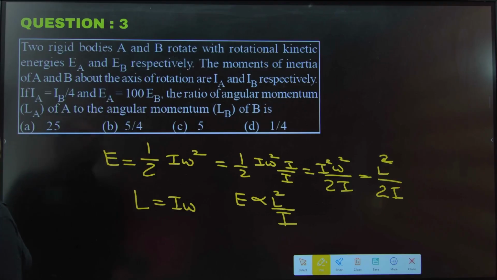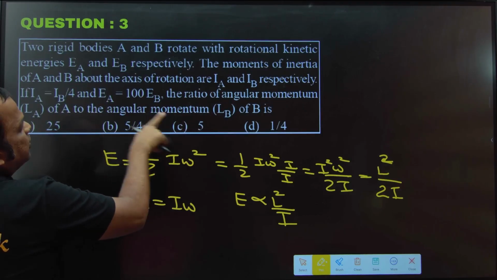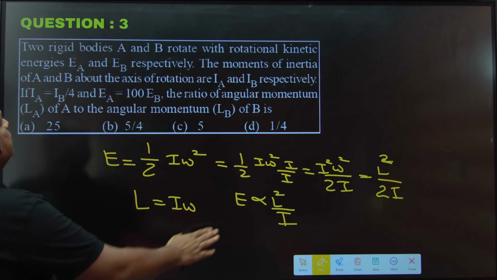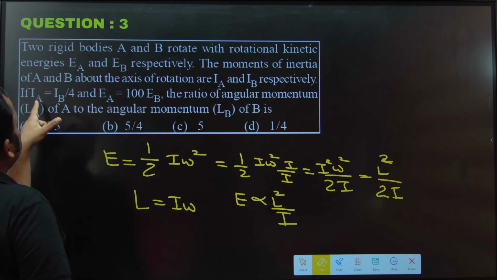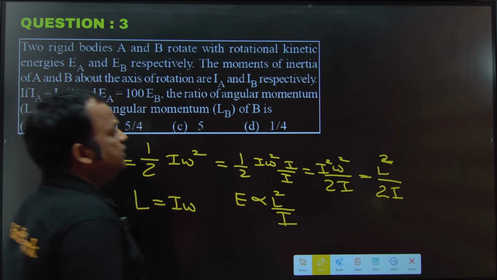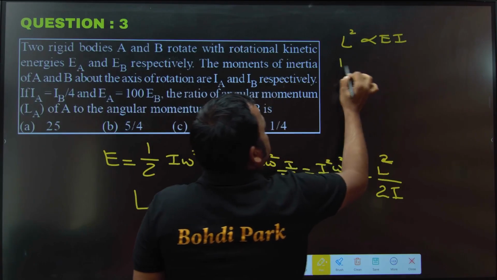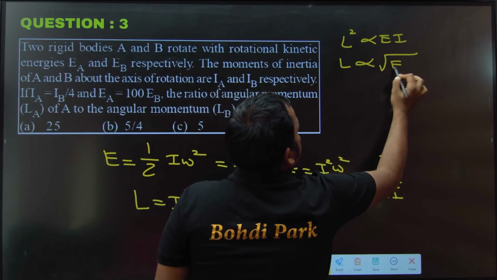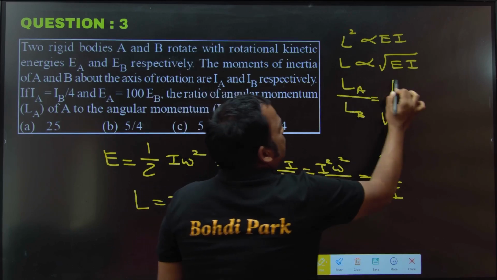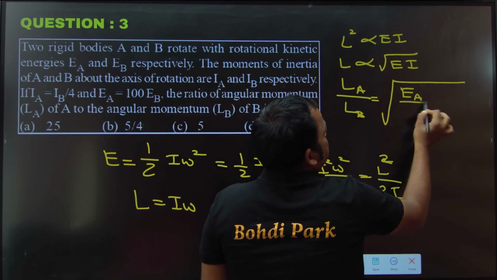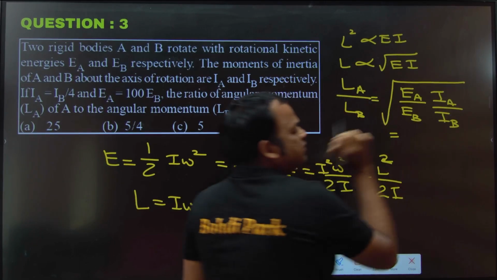So we have E is directly proportional to L square by I. Using this, we can find the ratio of angular momentum of A to angular momentum of B when you know the ratio of EA and EB and IA and IB. So use this. So we have L square is proportional to EI. So L is proportional to square root of EI. So LA by LB is equal to square root of EA by EB into IA by IB.